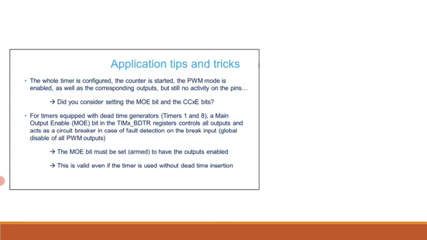Global disable of all PWM outputs. The MOE must be set or armed to have the outputs enabled. This is valid even if the timer is used without dead time insertion and the timer is used for general purpose applications.